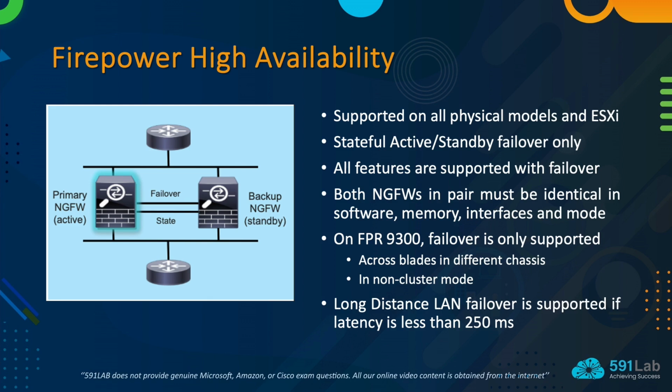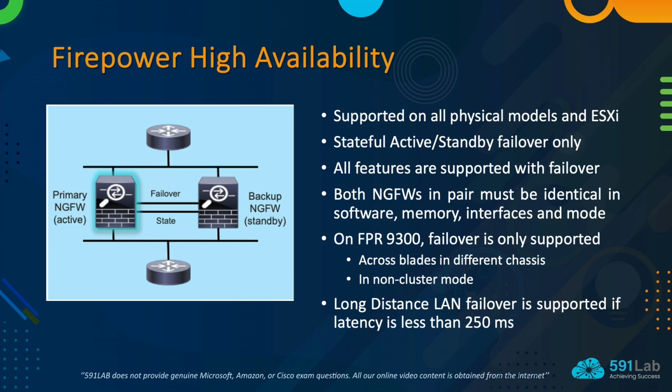Requirements for Firepower Threat Defense high availability. Identical next generation firewalls. To ensure compatibility and seamless failover, both next-generation firewalls in the high availability pair must be identical in software version, memory configuration, interface configuration, and mode, which can be routed or transparent.